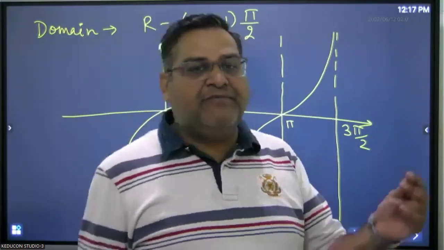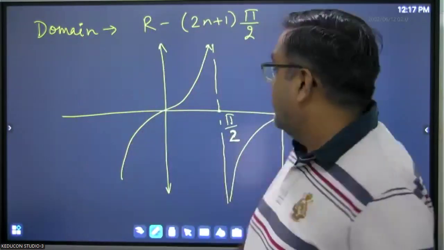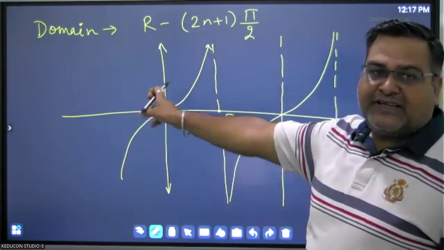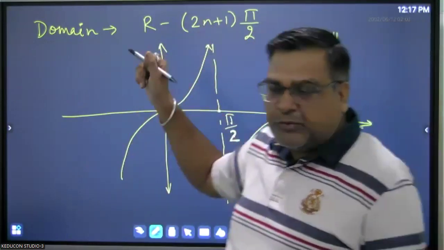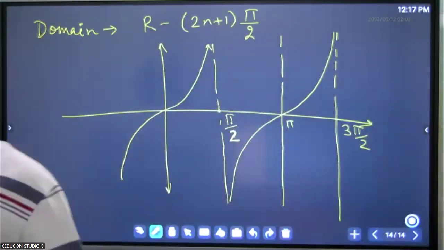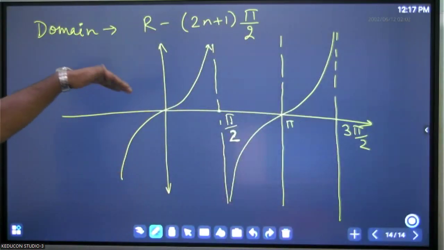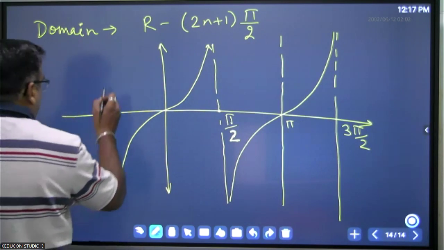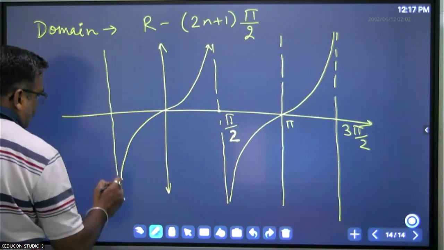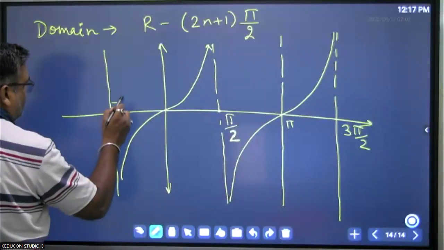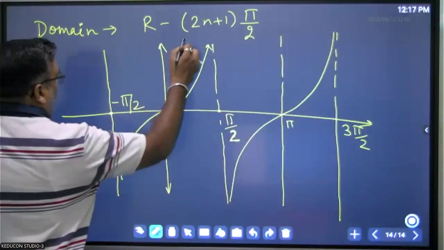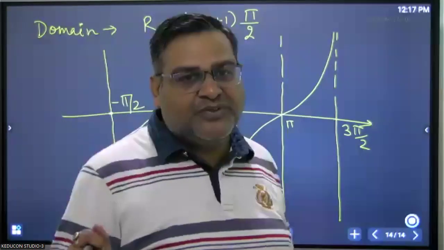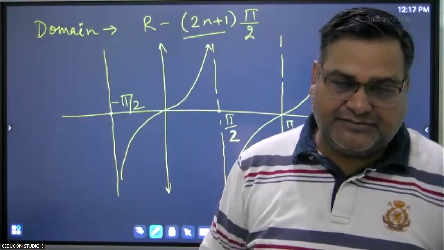If you put n as 0, this becomes pi by 2. If you put n as 1, this becomes 3 pi by 2. If you put n as 2, it becomes 5 pi by 2. If you put n as minus 1, this becomes minus pi by 2. What is minus pi by 2? This point is minus pi by 2. So at all the odd multiples of pi by 2, this function is not defined.